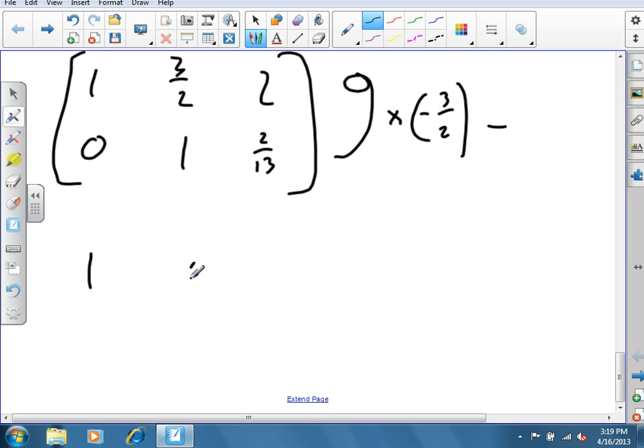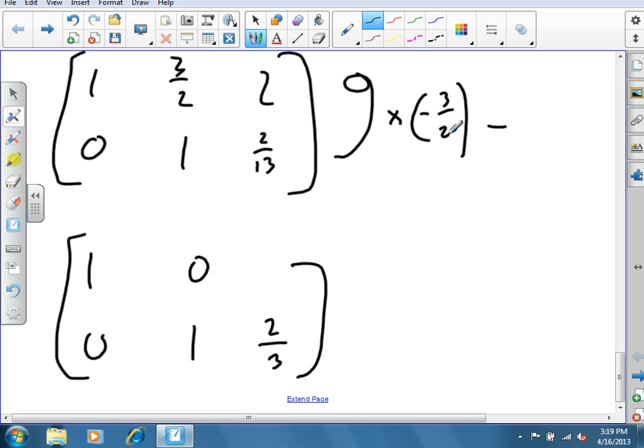So I'd have 1, 0, 0, 1, 2 over 13, and this is going to be 3 minus, I'm going to add. If I multiply by minus that, then I have to add. Alright, so I have minus 3 over 13, and I have 26 over 13, so that leaves me with 24 over 13.